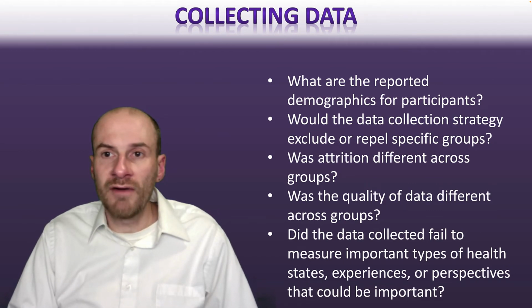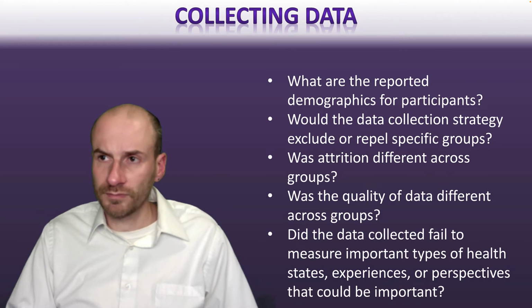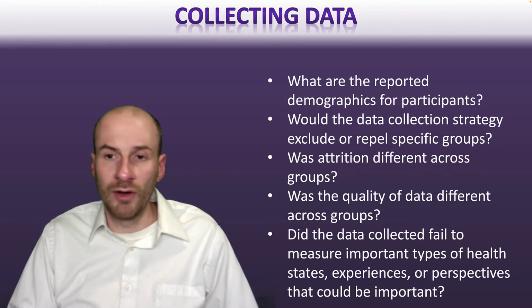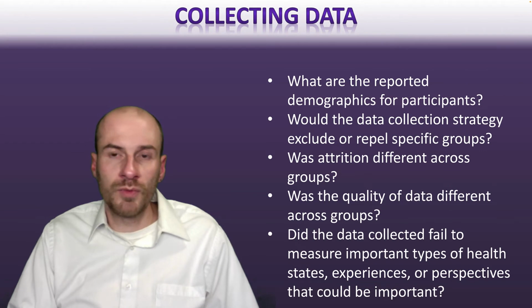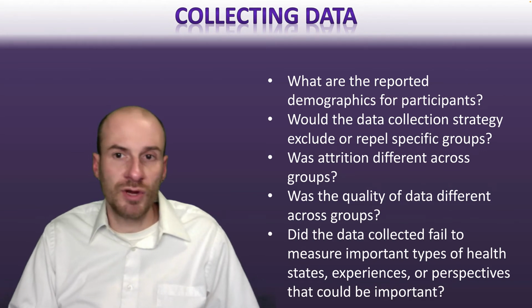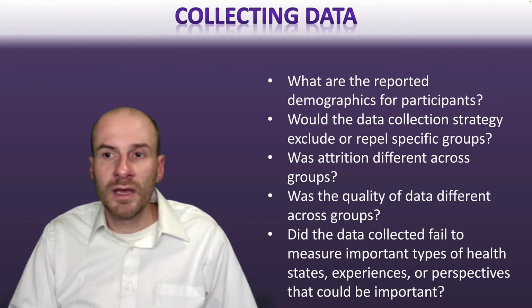So if we're studying elder populations, and we're using a computer-based survey or a cell phone-based survey, well, we're going to have potentially serious impacts in terms of who gets involved in that study.